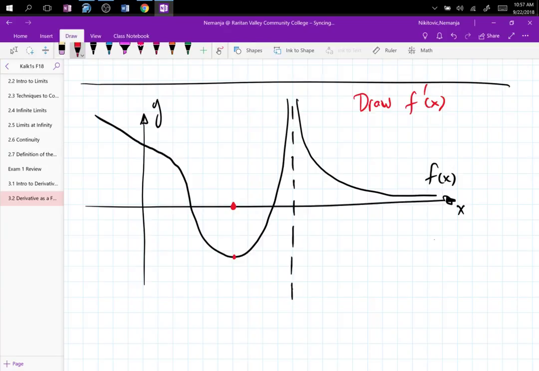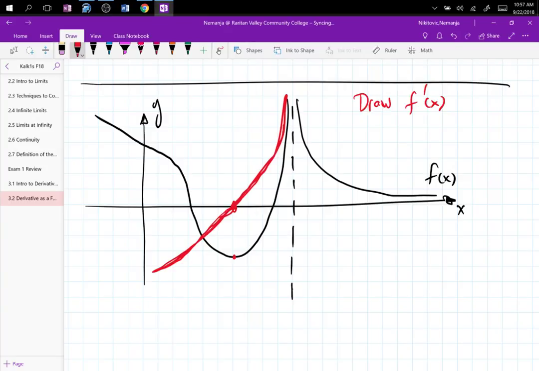So the derivative would be over here. It has to be below. Then it's going to cross the x-axis because the part to the right of this line is increasing, right? So this has to go up and follow the asymptote as well.